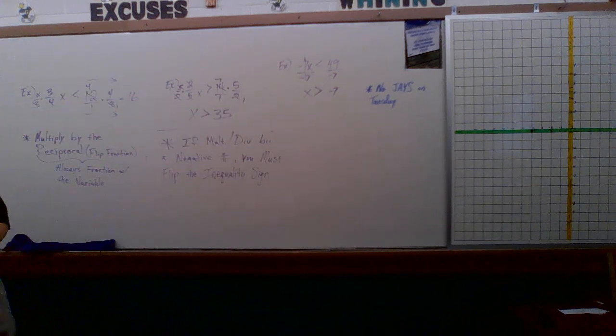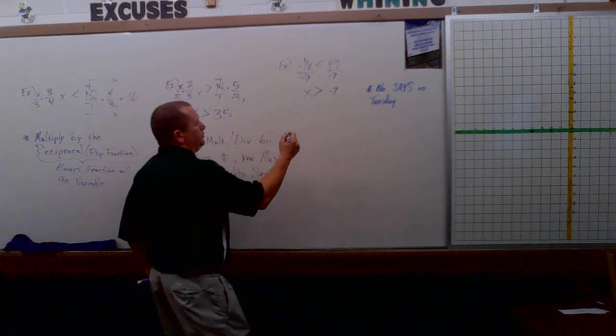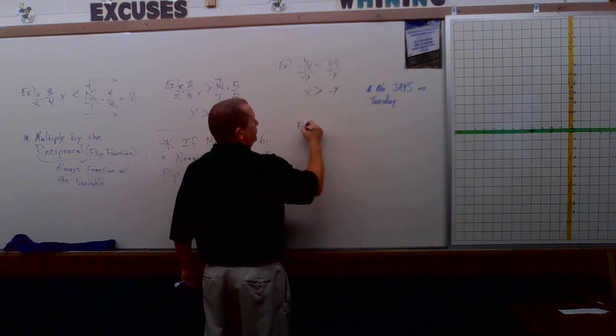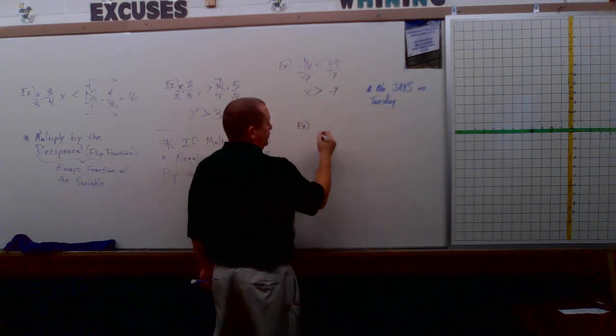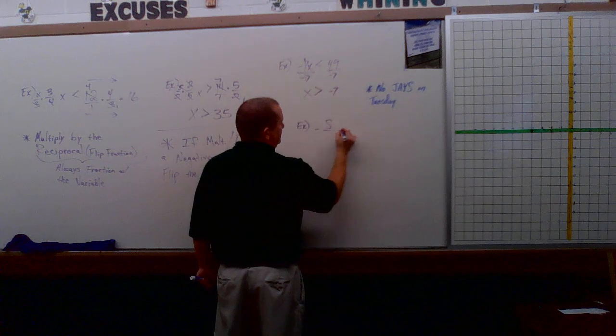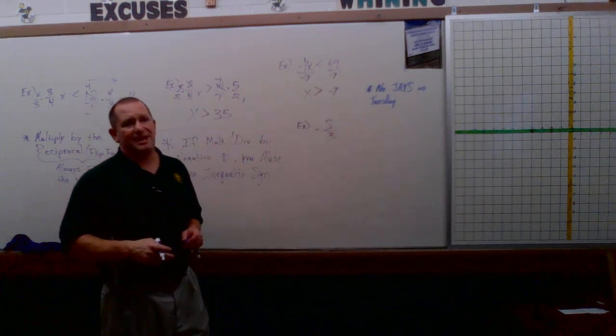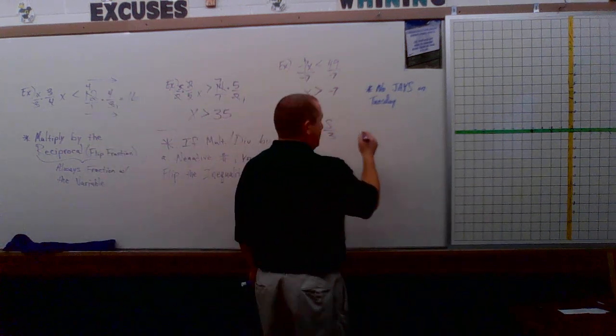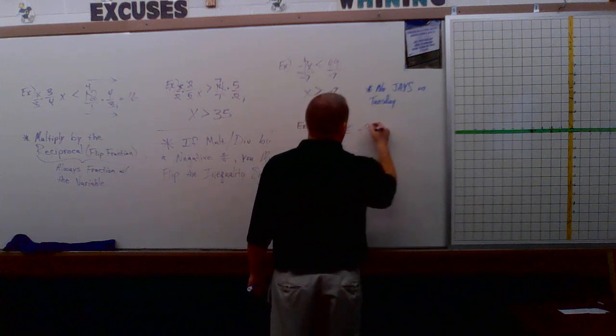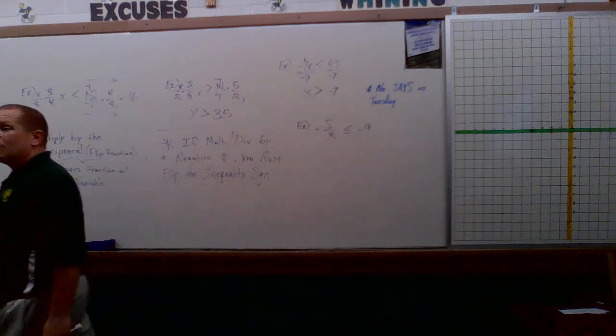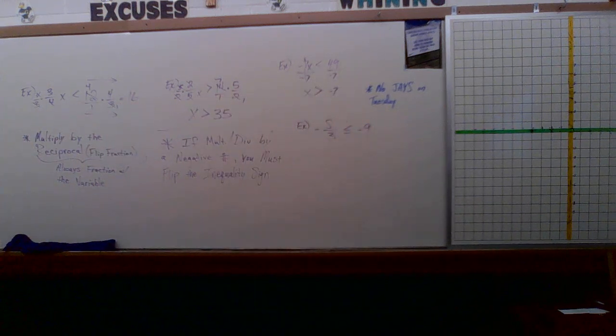The ones where it gets confusing for some people are the division problems. A lot of the time, like in this example up on the board, they have negative s divided by 3 is less than or equal to -9. Remember, if I have a fraction, I can put my negative sign on the top, on the bottom, or out in front, and one negative makes the whole thing negative.